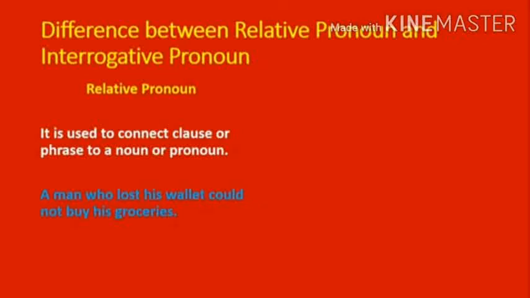For example, a man who lost his wallet could not buy his groceries. A man lost his wallet, he could not buy his groceries. Two clauses are there, and these two clauses are combined with the relative pronoun, that is who.